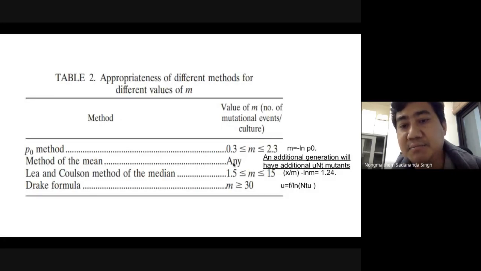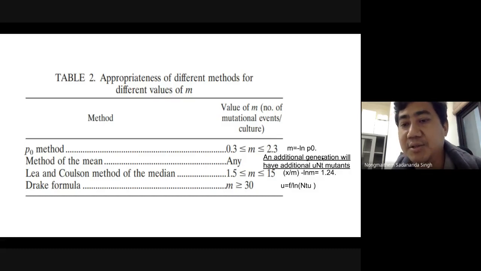In this case, it is very flexible and applicable to many cases. What we assume is that mutation frequency times the total number of cells will add that many mutants in the next generation.